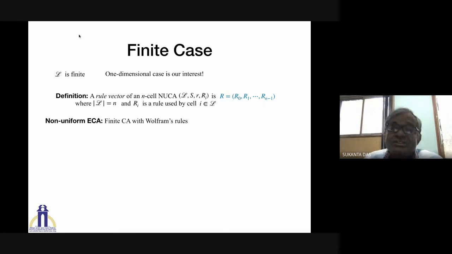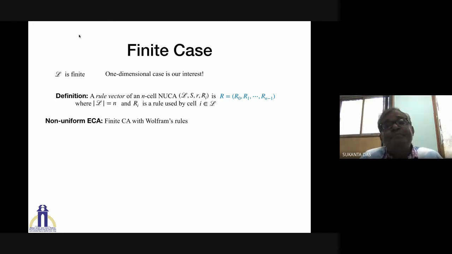Now, what I'm saying here is that each cell uses only Wolfram's rules. So it means that the cells are using ECA rules only, and that is called non-uniform ECA.